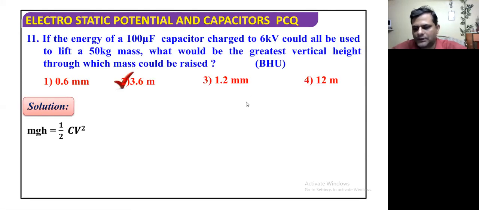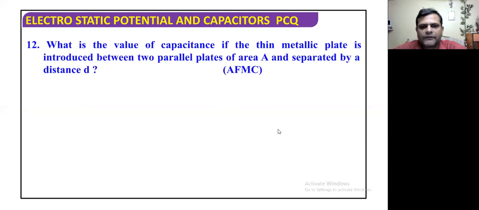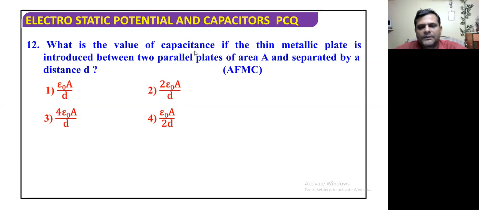Okay. So let us see the next here. What is the value of capacitor if a thin metallic plate is introduced between the two parallel plates of area A and separated by distance D? Okay. What is the value of capacitance if a thin metallic plate, yes, is introduced between the two plates of area A and separated by distance D?